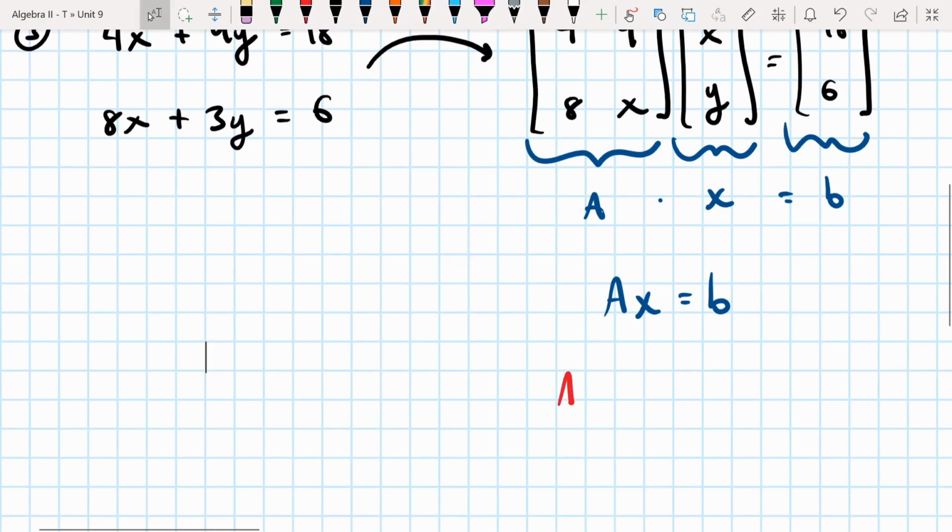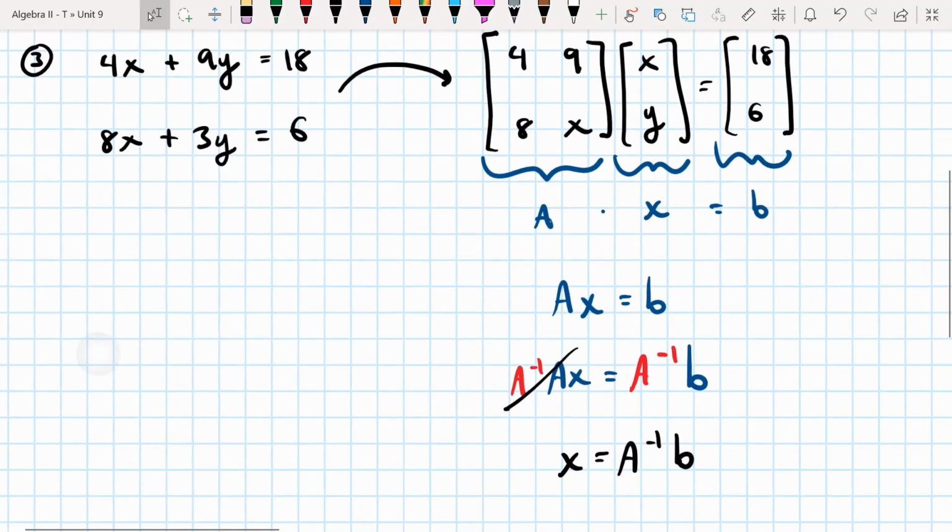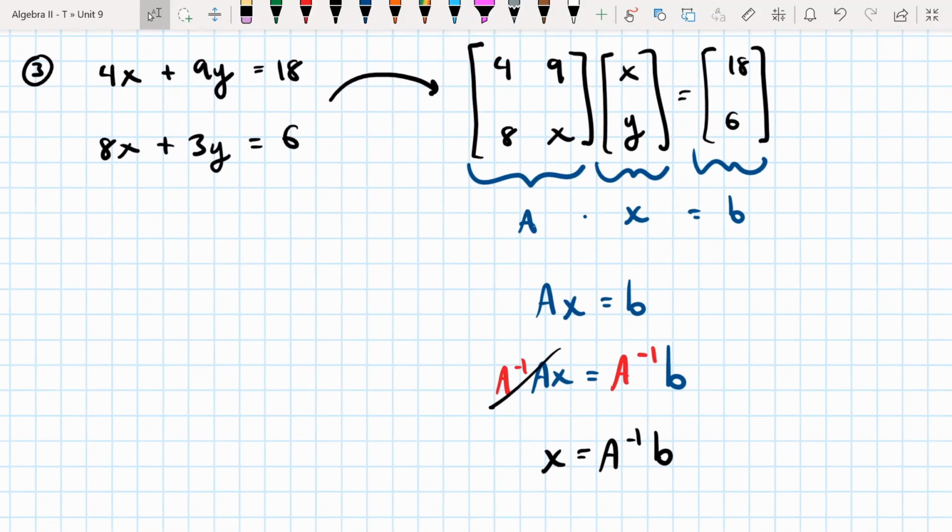And the way we solve this is we took the inverse of A on both sides. What the inverse of A will do is cancel out with the matrix on the left. And so the value of x is equal to inverse A times B.